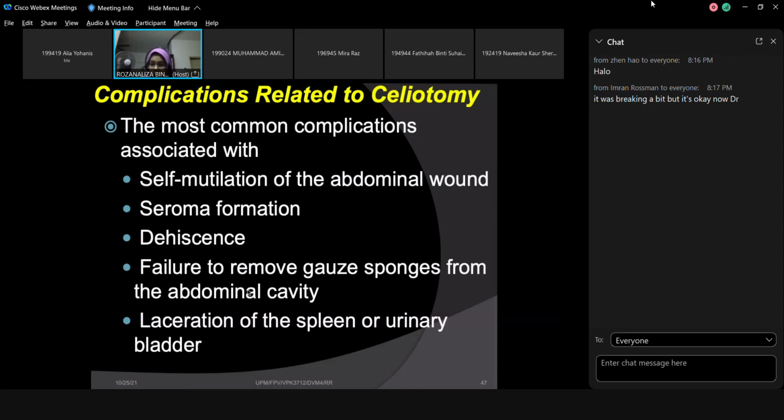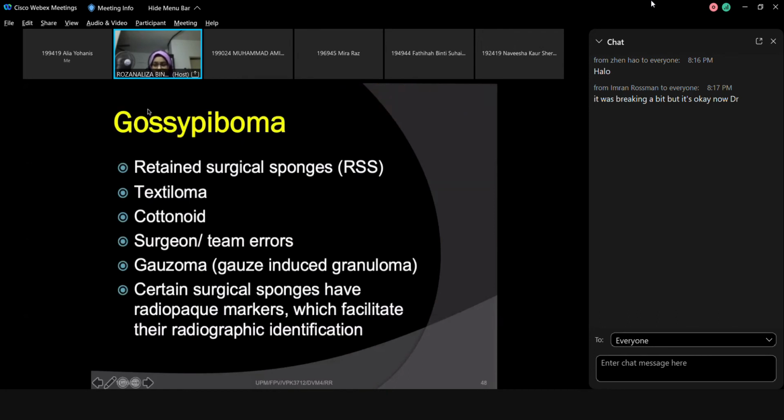Please remember, always count your gauze, because if you fail to remove the gauze, this is what's going to happen. It's known as gauzyfibroma, also known as RSS, which is retained surgical sponges, or textiloma, cottonoid.